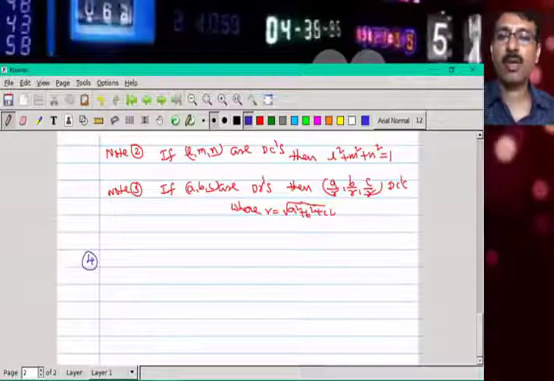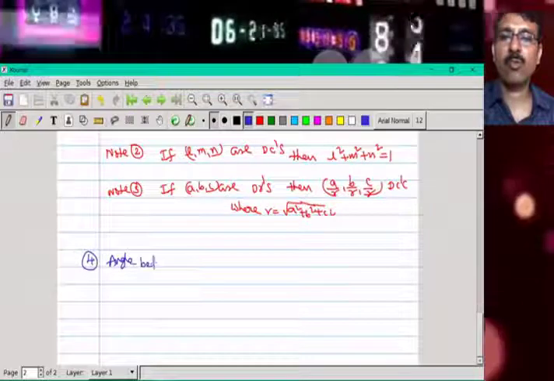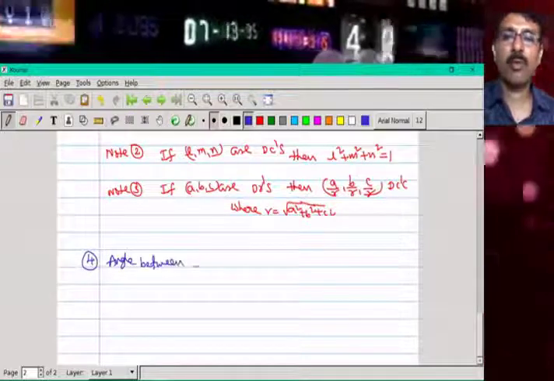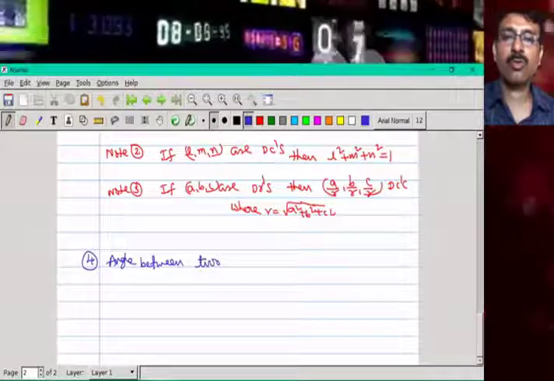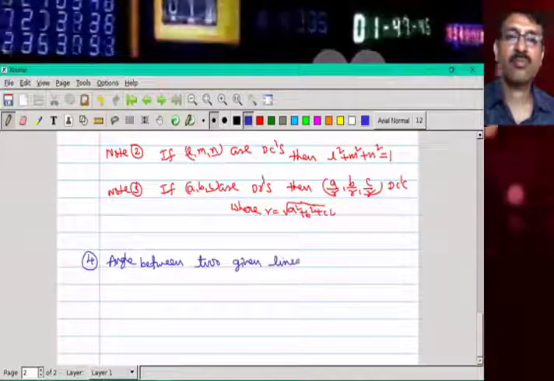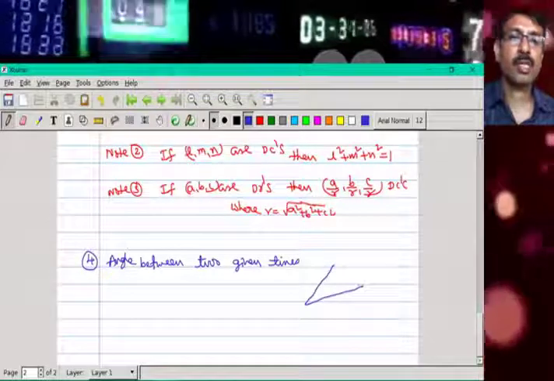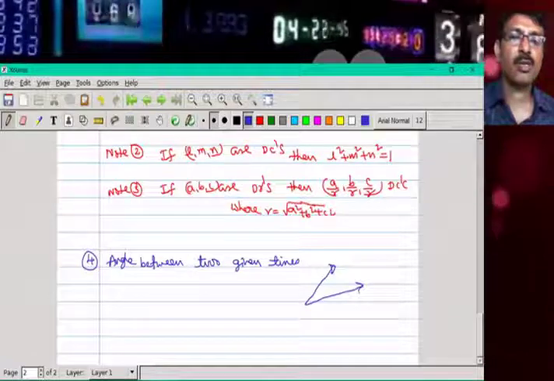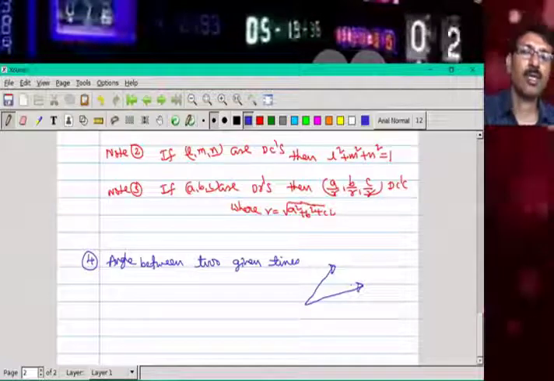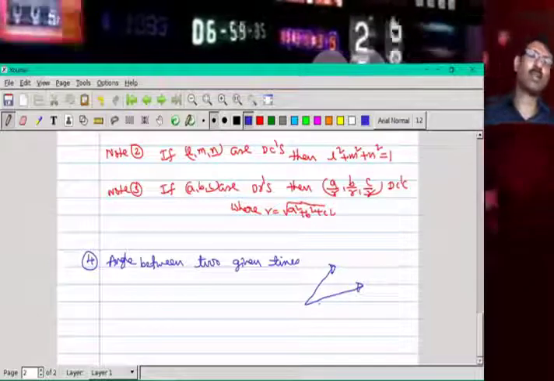Next, angle between two given lines. Just like in three-dimensional geometry, two lines may intersect at a point, but they may not intersect also.